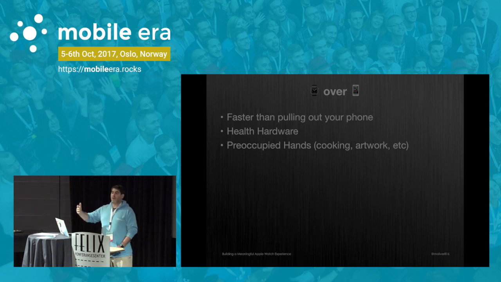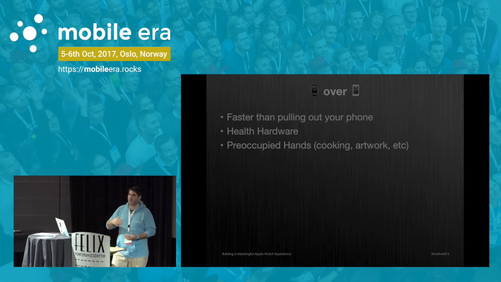Another great reason is the health hardware that's on the watch. So there's a heart rate monitor, there's growing more and more sensors being built into these wearables, and because they are pretty close to directly attached to your body, there's a lot of interesting things that you can do in the health and fitness space because of that.